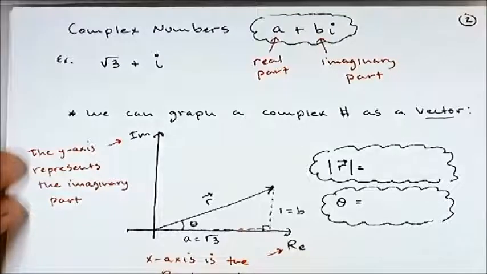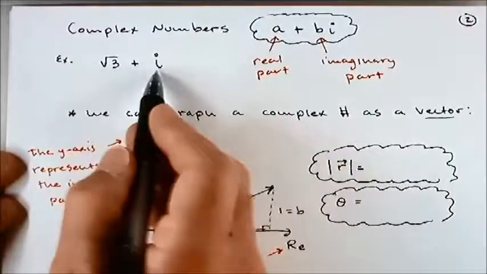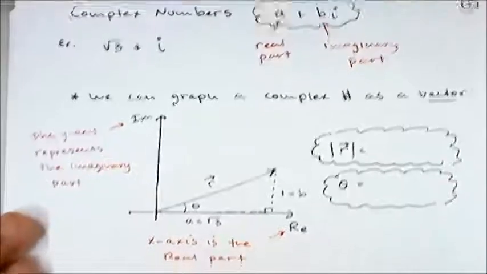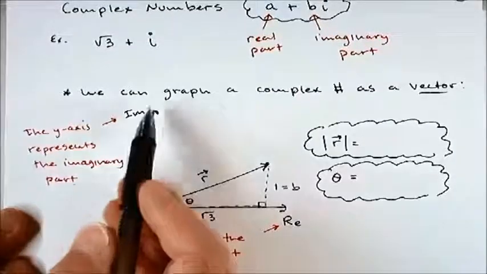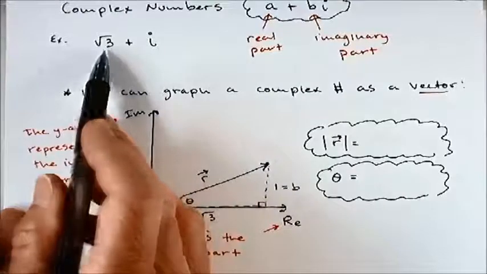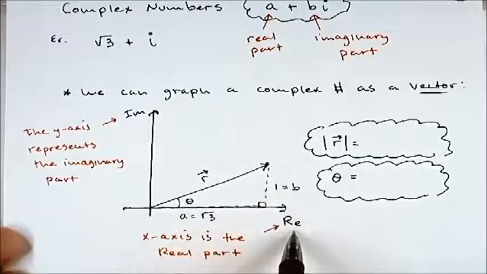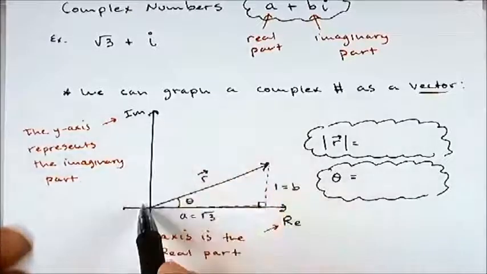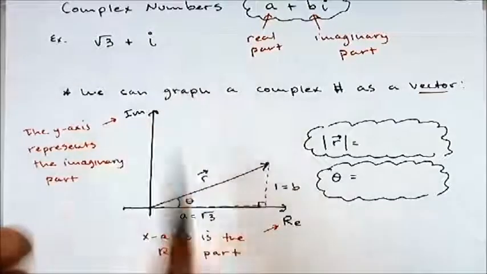And one way to represent a complex number, since we write it kind of differently than a regular number, is with a vector, actually. So we can graph a complex number like the square root of 3 plus i by thinking of the x-axis as the real part of the number and the y-axis as the imaginary part. So the square root of 3 plus i would be plotted.